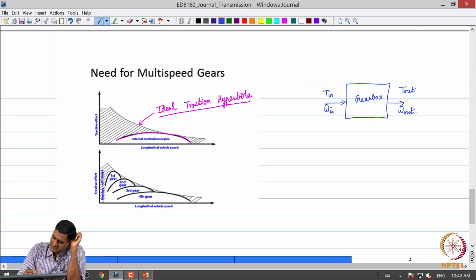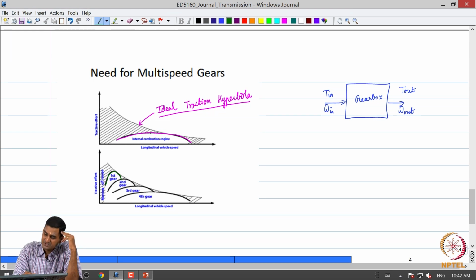So what happens is that, if you look at this first gear, the question becomes, how did this curve become like this? So what happens is that when you multiply it by, let us say, a factor of, let us say 4, just taking some number, right.